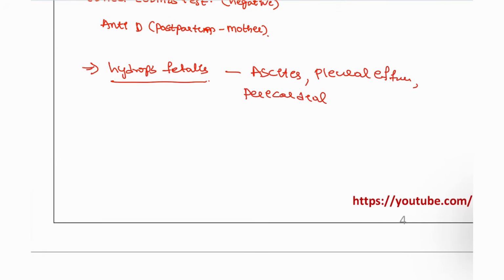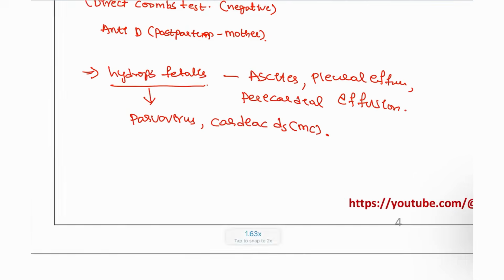If at least any two are present, then we can consider this patient as hydrops fetalis. Hydrops fetalis is also associated with non-Rh causes, for example, anemia associated with parvovirus, aplastic crisis, and also commonly cardiac diseases. Okay, most common. These are the causes that we are seeing with hydrops fetalis.